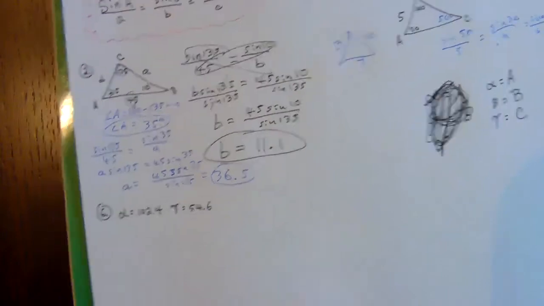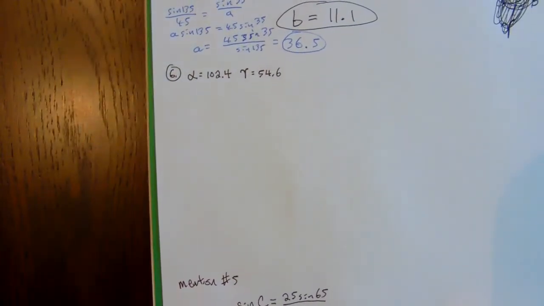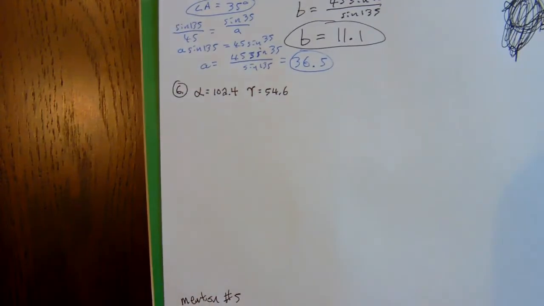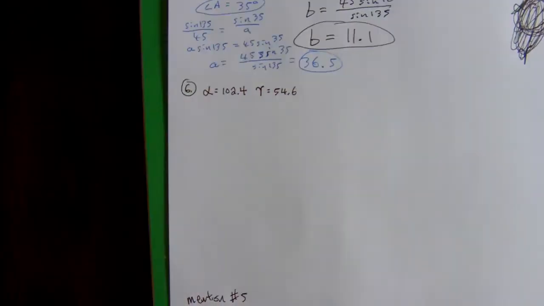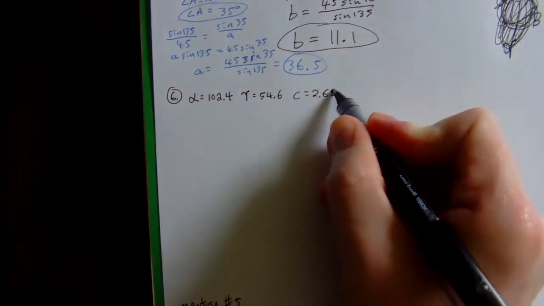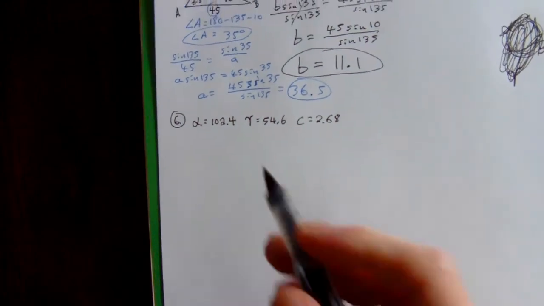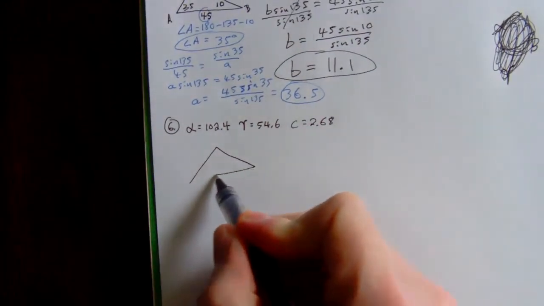So as I'm looking at number 6, let's just do one more there. If I'm looking at number 6 on the 14.1 worksheet, it gives me a couple of angles, and it also tells me what one of the sides is. It tells me little c is equal to 2.68 there, okay? So when I set up a triangle, I always like to set up a triangle here.